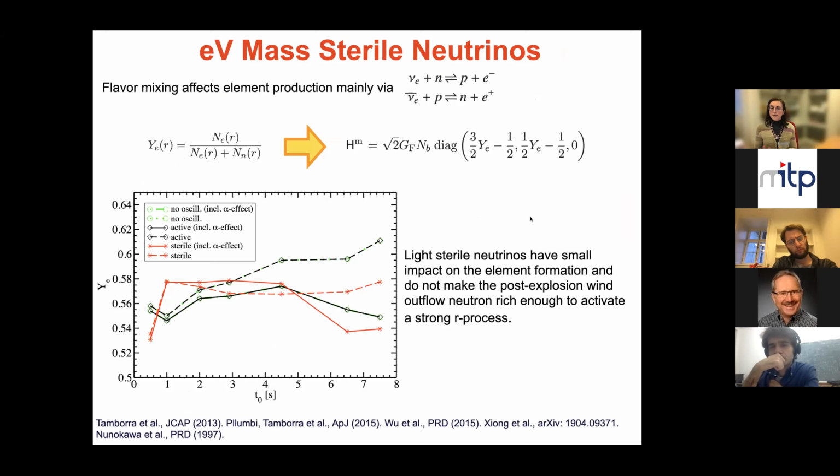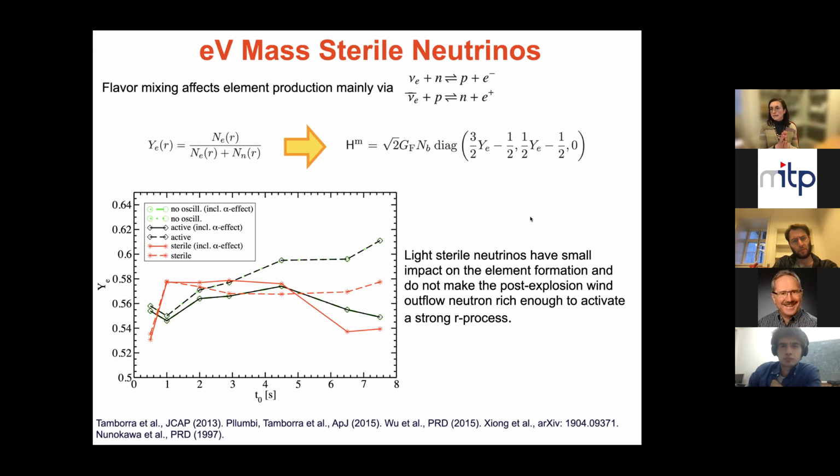Now, another example on the other extreme are light sterile neutrinos, and those are eV mass. And here the experimental landscape is really still giving us very conflicting results. But in this context, we still expect MSW resonances similar to the ones that we have already seen for keV mass sterile neutrinos.